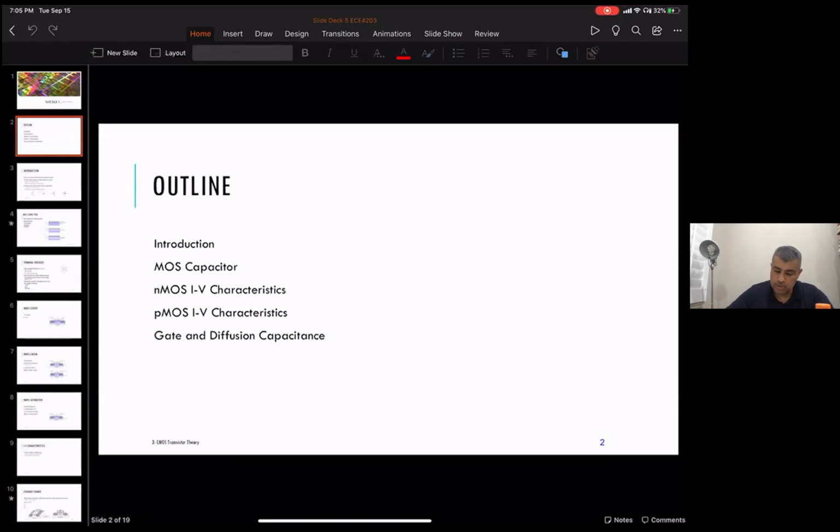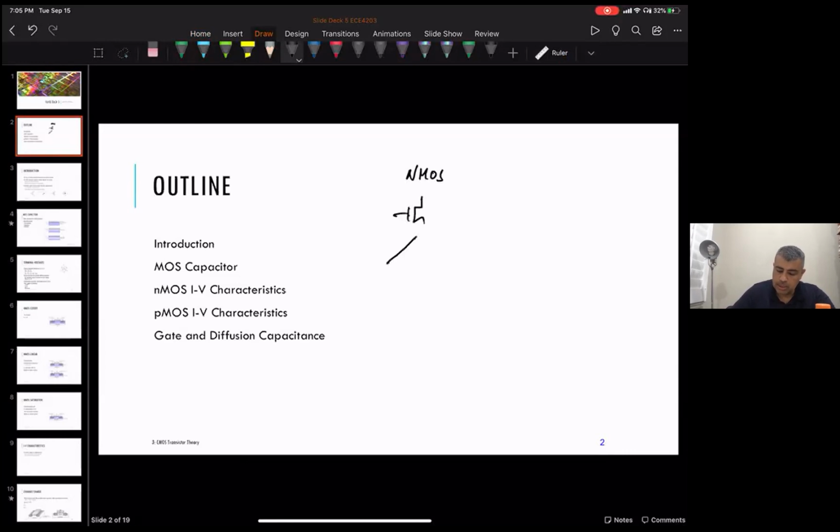The idea there was that an NMOS transistor, when it's drawn like that, when the gate is equal to a 1, is a closed switch between drain and source. And when the gate is a 0 or off, then it's an open switch.